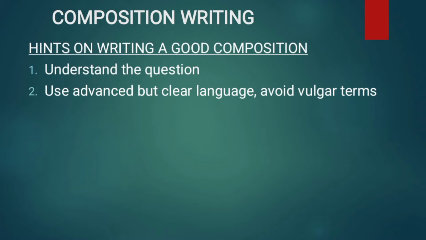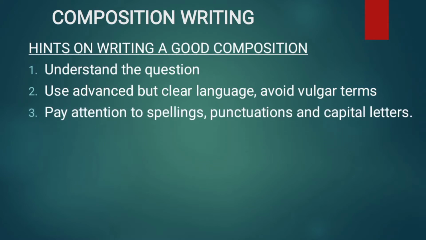So you need to be clear as you are writing your composition. Avoid using bombastic words to show the examiners that you have studied the dictionary. No, it's not necessary. Just write clear language, clear words, straight on the point.